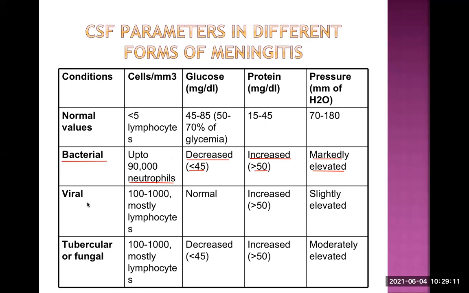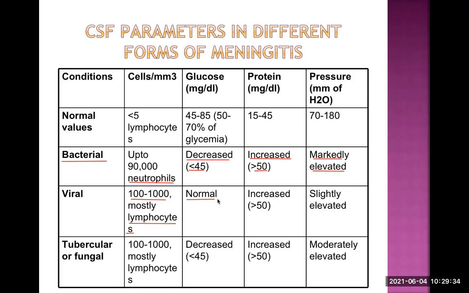Now, regarding the viral meningitis diagnosis, the number of cells is a bit less than the bacterial one. Again this may be 100, or 50, or 1,000, or 2,000, but the majority of them are lymphocytes. This is an important point: lymphocytic predominance. Now, glucose is normal. Very, very important feature.